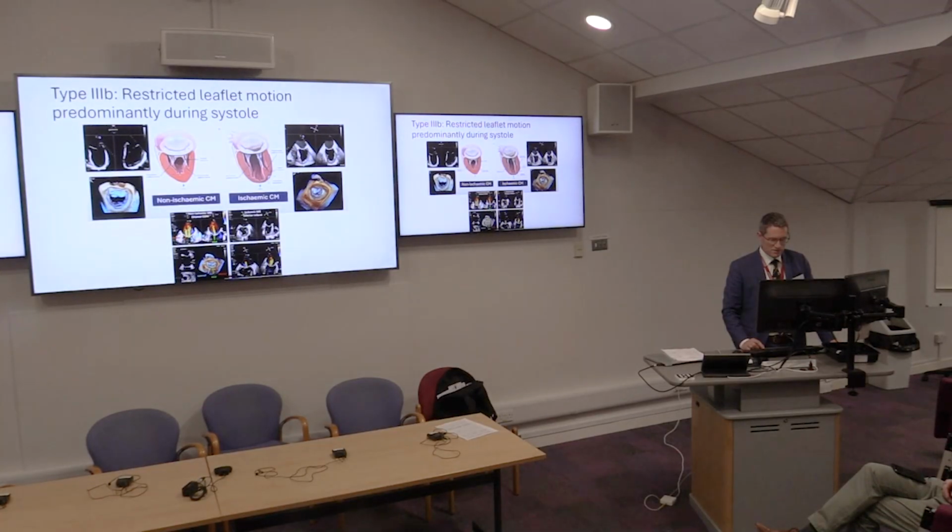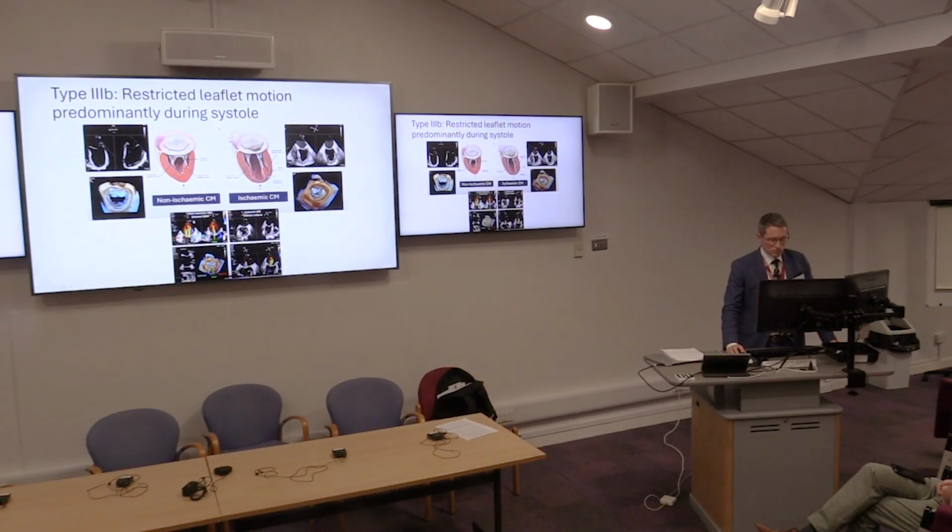And then just to recap on type 3B, so we've talked about this. Generally speaking, the type 3B ischemic MR, usually in the context of an inferior infarct, this is not a terribly good example because usually what happens is the MR comes this side because of this restriction in the posterior valve leaflet. So the posterior valve leaflet's tethered and doesn't have normal leaflet motion.